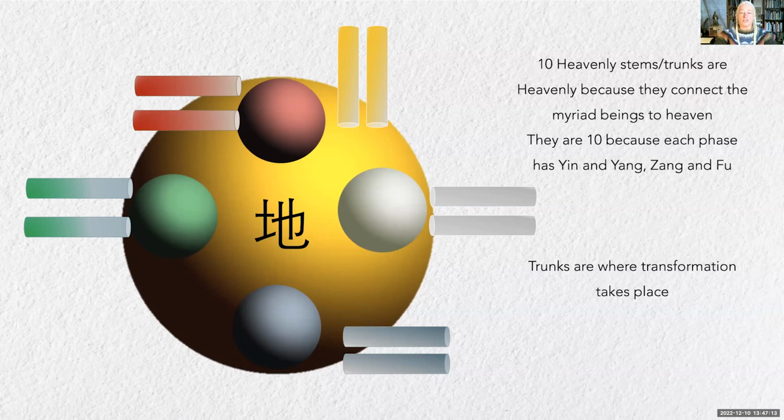That trunk then grows branches, and branches also breathe out, so it goes back up out to heaven. But these trunks are where that heavenly energy is received in order to create form.